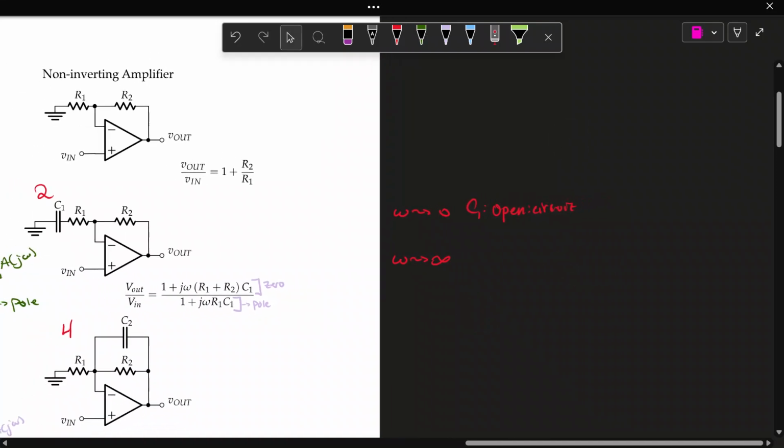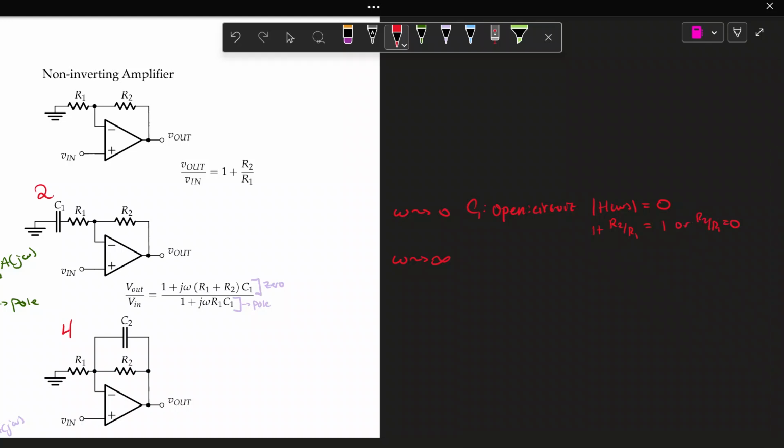Well, when C1 becomes an open circuit, our magnitude will be approaching 0, or our gain will just be 1. So our 1 plus R2 over R1 will be 1, or R2 over R1 is equal to 0.